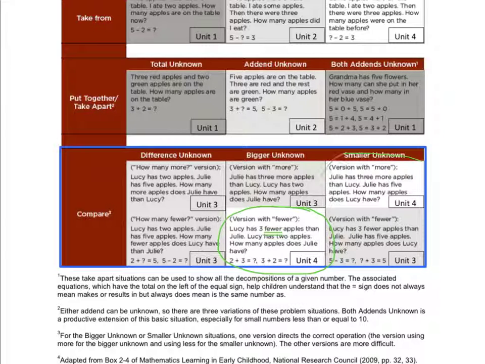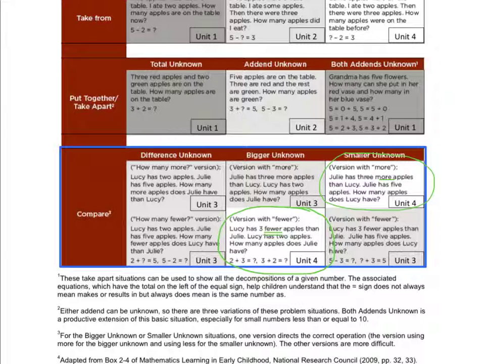Likewise, this problem here has a similar situation. Julie has 3 more apples than Lucy. Julie has 5 apples. How many apples does Lucy have? The word more in this problem situation triggers a desire to add. But because we actually know how many Julie has, and we know that that's 3 more than what Lucy has, we actually should be subtracting or finding the difference between these two amounts.